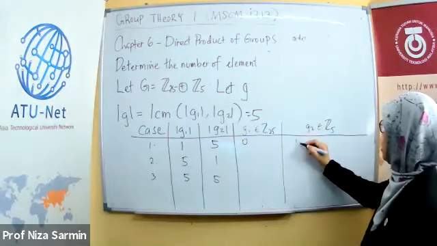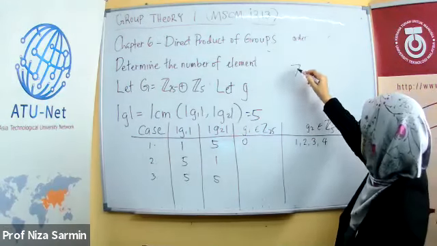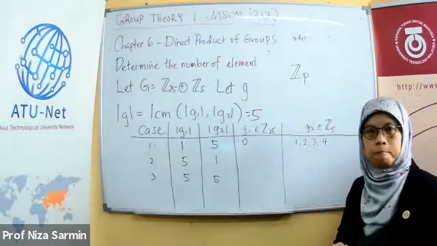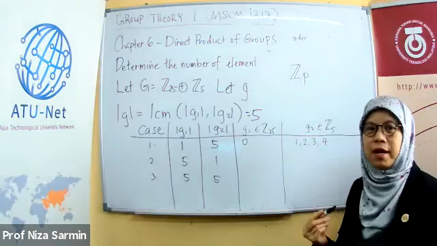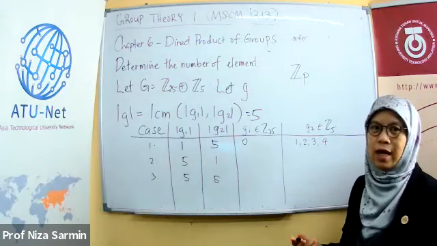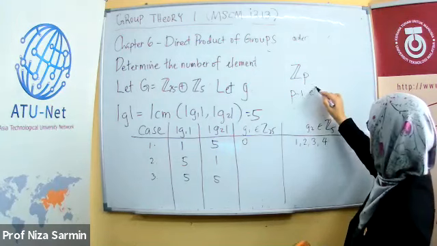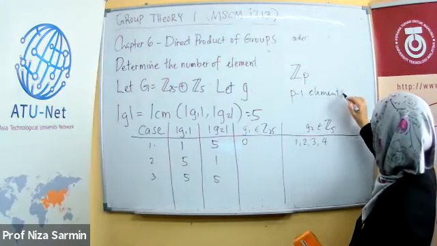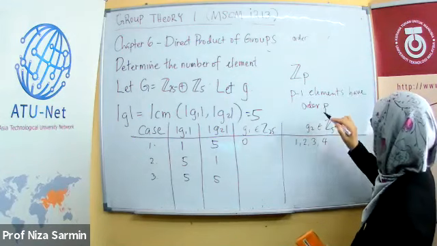We have 1, 2, 3, 4. In Zp, since it's prime, all numbers work, right?